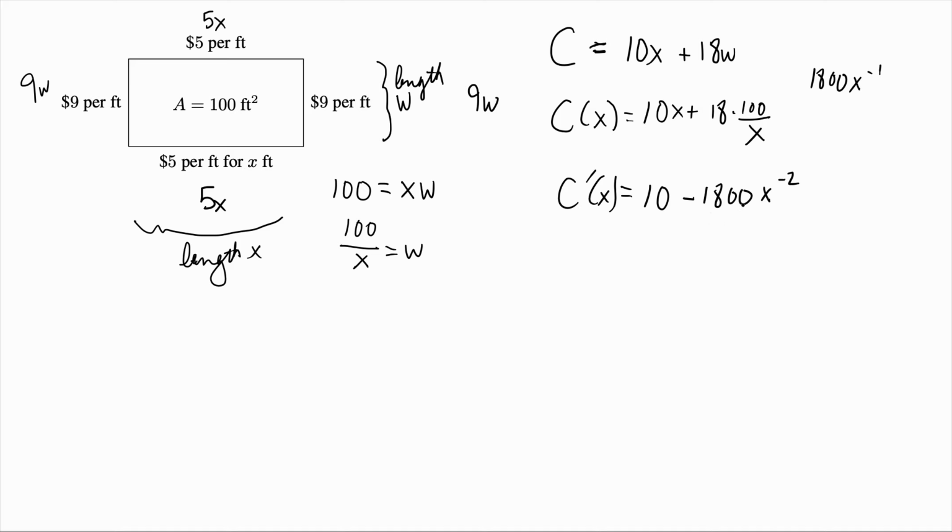But wait a minute, we don't want x to be 0 anyway, so that rules that out. We're only looking for positive x. X to the negative 2, we can't put 0 into that because that's really negative 1800 over x squared. That's a place where this would be undefined, but we aren't interested in it because it doesn't make sense in the situation.